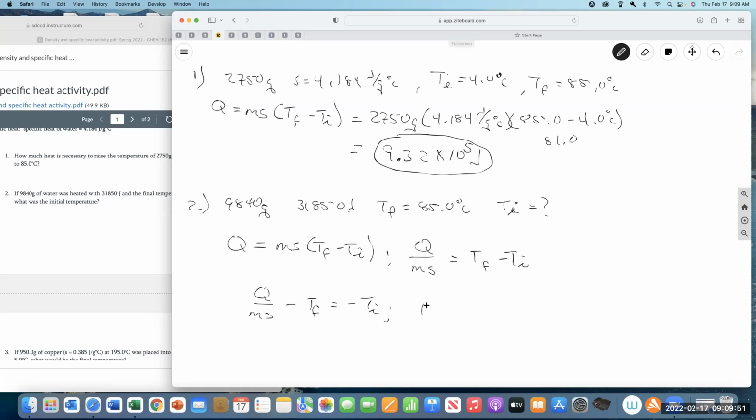So that means TI will be TF minus Q over MS, just flipping that over to get rid of the negative sign. And then it's going to be TF is 85 minus Q, joules, over the M was 9840 grams.